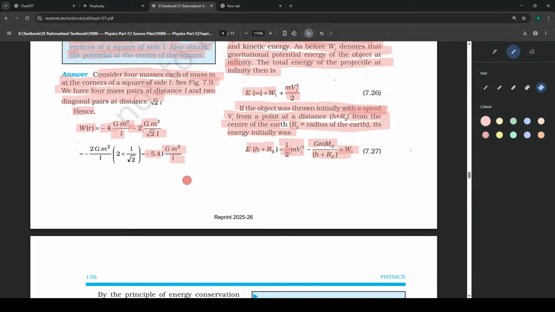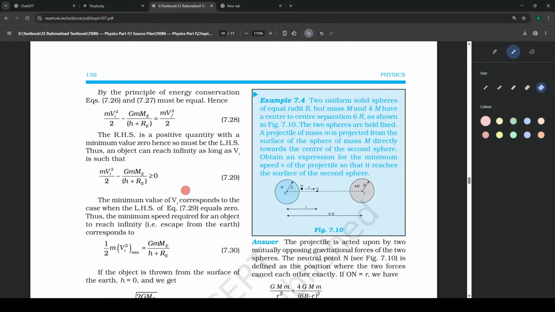This negative is already in the formula, so we kept it here as well.